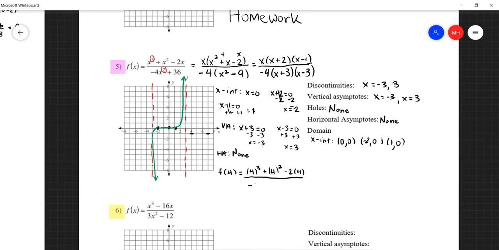So the top says 4 cubed plus 4 squared minus 2 times 4. And in the bottom, we'll have negative 4 times 4 squared plus 36. And if we plug this into our calculator, hit Control Divide in order to get the fraction symbol, and then we'll just type it in as you see it with exponents and parentheses.